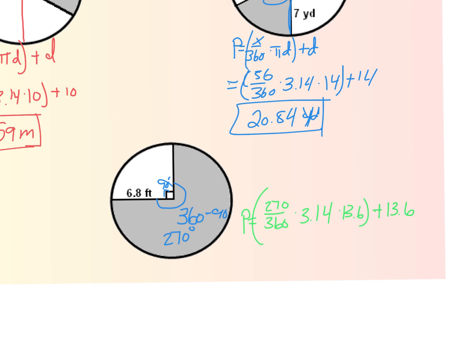You type all of that in a calculator, you get 270 over 360 times 3.14 times 13.6 plus 13.6. And you get a perimeter for your sector of the shaded region there of 45.63 when you round it correctly.